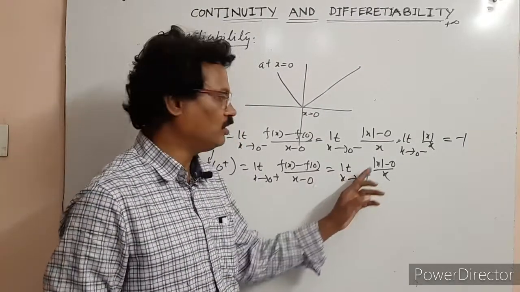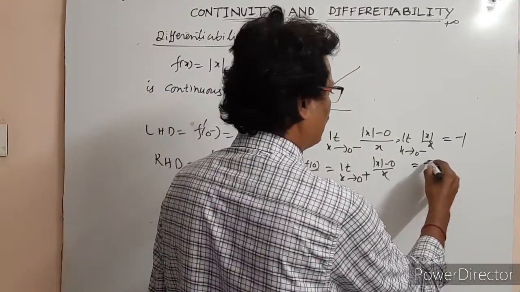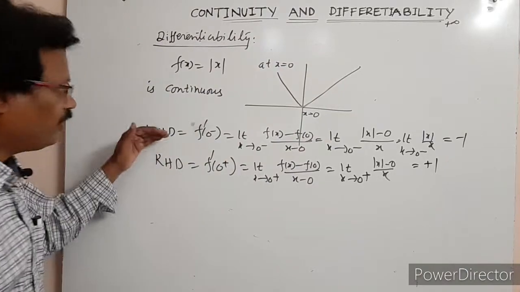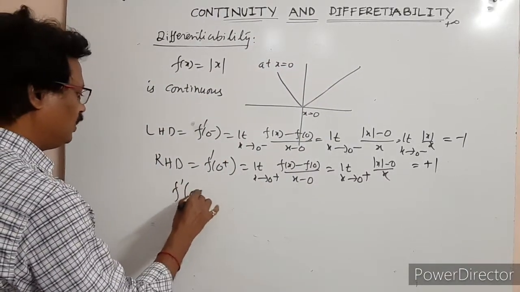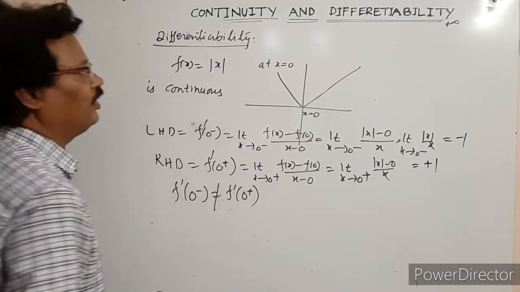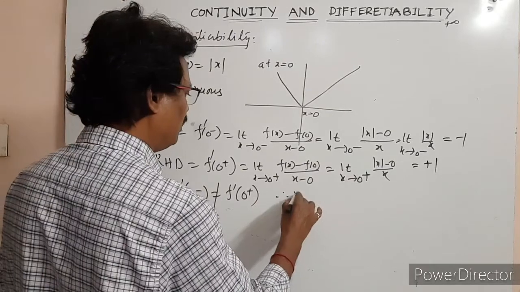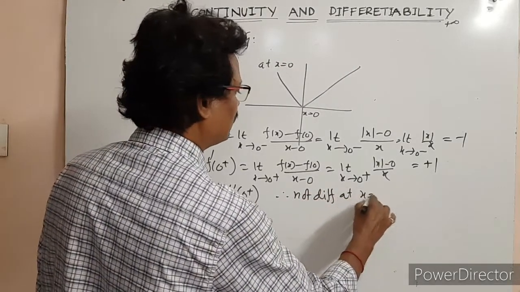Since x is positive, mod x is plus x, so x by x is plus 1. Therefore the left hand derivative is not equal to the right hand derivative. F dash of 0 minus is not equal to f dash of 0 plus, therefore not differentiable at x equal to 0.